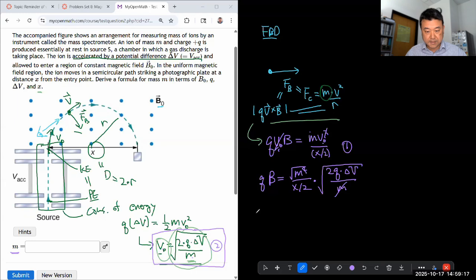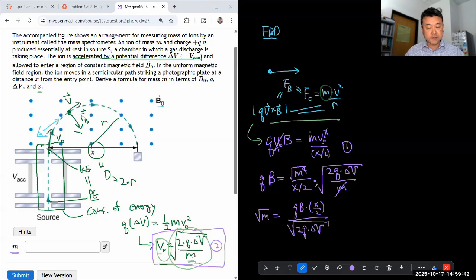It's on the side it's going to be on. Then move the rest to the other side. It's going to be QB times x over 2, having moved this over, and then divided by the square root of 2q delta v.